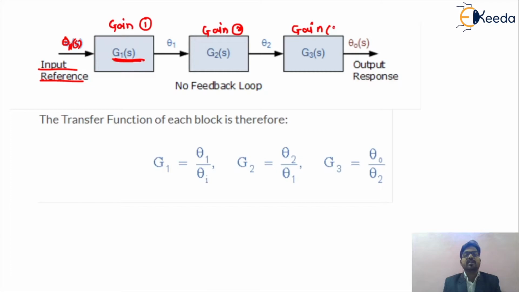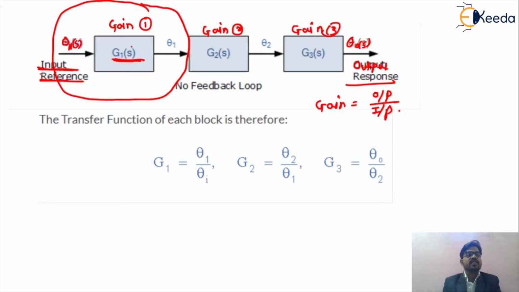So that's why it will be represented by S. And theta 0s is called the output response of your system. So friends, according to the basic fundamental definition, gain is the output divided by input. So now we can consider the first case.